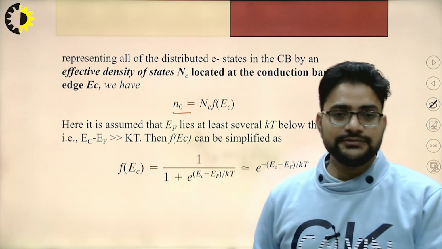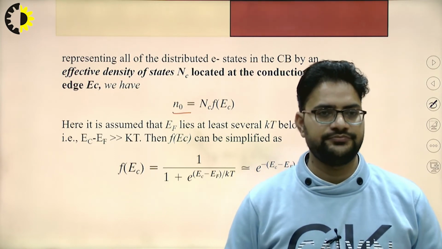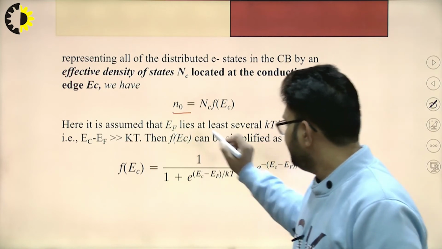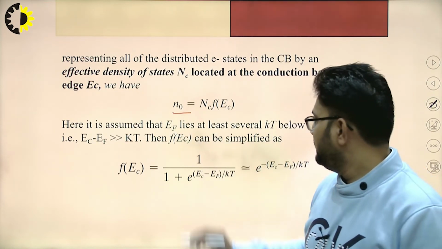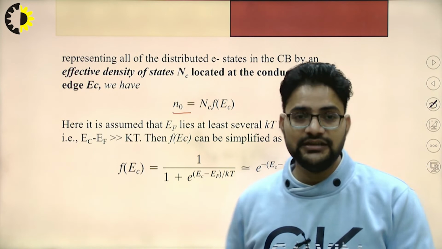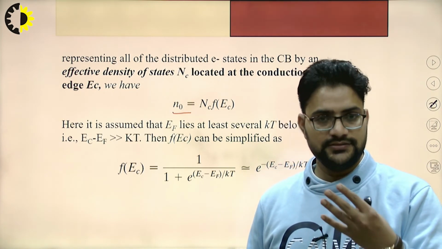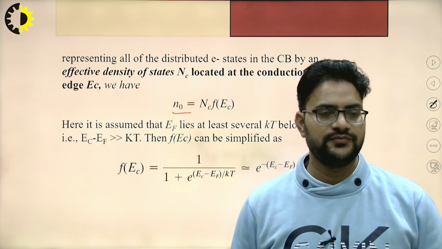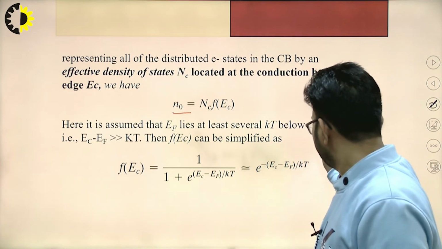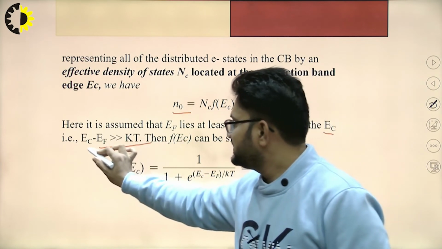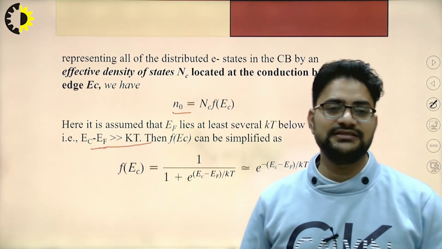We have to make some assumptions in this case also. EF, the Fermi energy level, lies at least several kT below the conduction band energy level. That is, EC minus EF is much greater than kT.